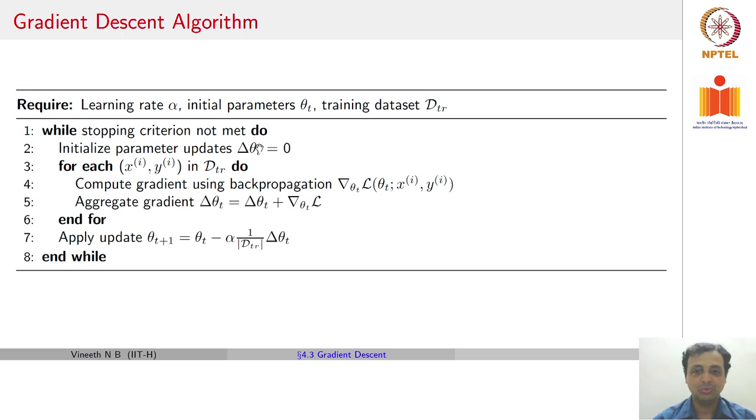Once again, just to remind you, delta theta denotes the change in variables, grad L denotes the gradient. Please note the difference in notation since they can look similar at first go.